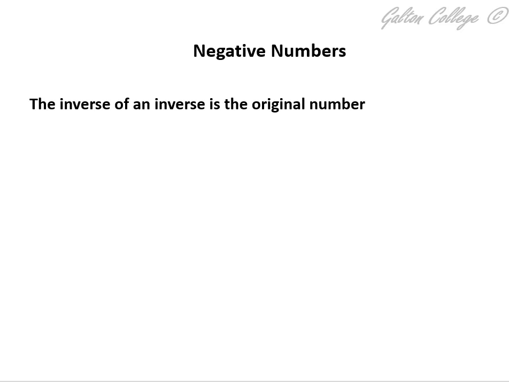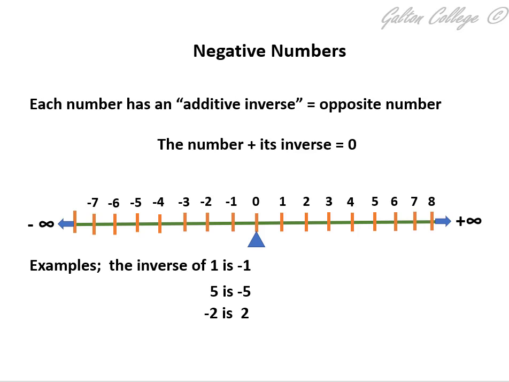So the inverse of an inverse is the original number. You have to think about that one. The inverse of 2 is minus 2, and the inverse of minus 2 is 2. So the inverse of an inverse is the original number.